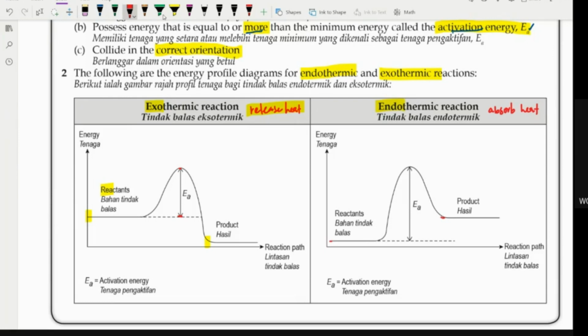But the activation energy is still from the reactants to the peak of the curve. A lot of students feel that it is from here. It's wrong. Must be from reactants to the peak. So here reactants is here, not the product. It's reactants to the peak here.